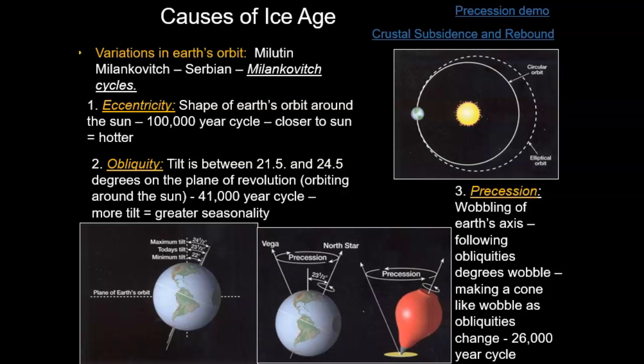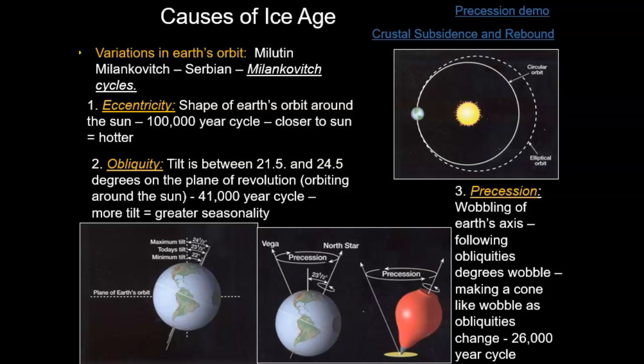Using the Earth's eccentricity, first of all, when the orbit around the sun is more elliptical than circular, then the temperatures are colder on a seasonal basis, meaning when the Earth is further from the sun, it's going to be colder if the orbit is more elliptical than when it is circular. The Earth goes from a more circular orbit to a more elliptical one, and back again to a more circular one every 100,000 years or so.